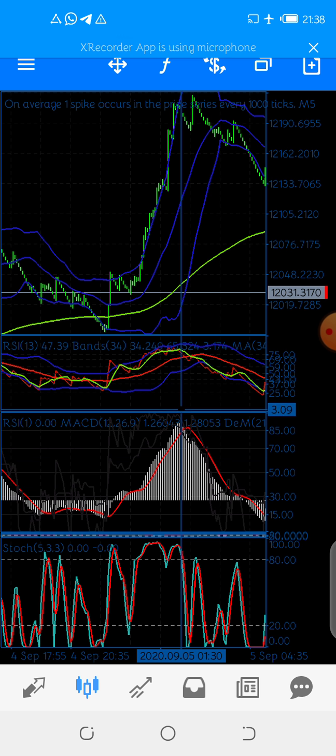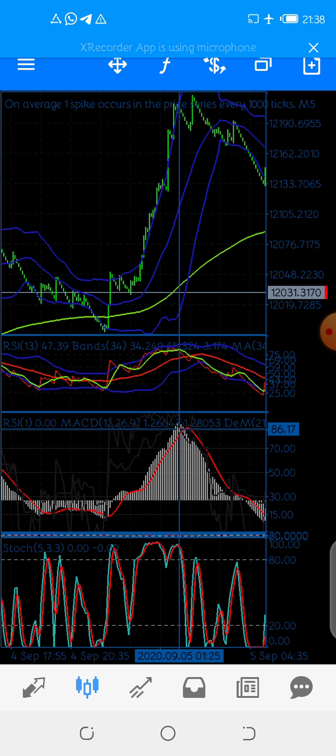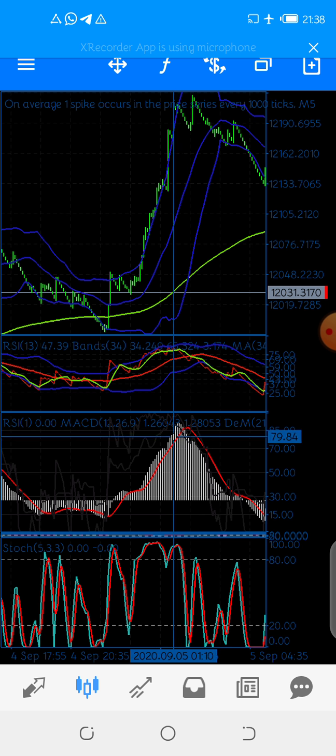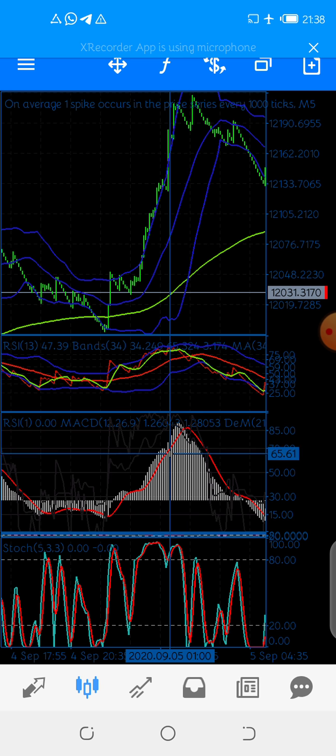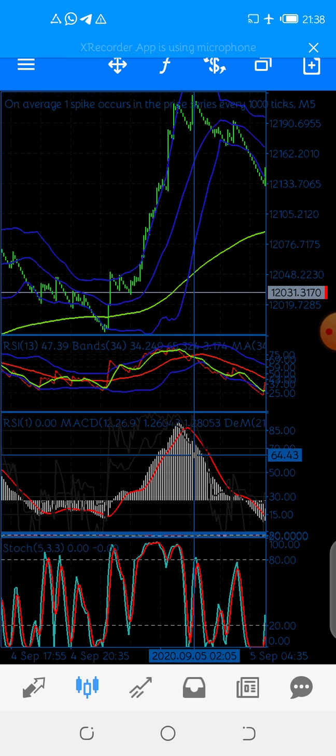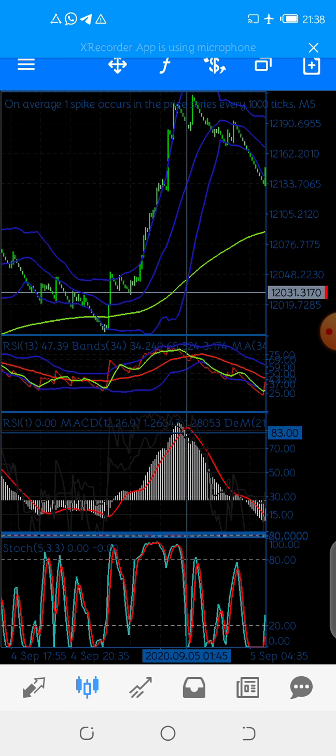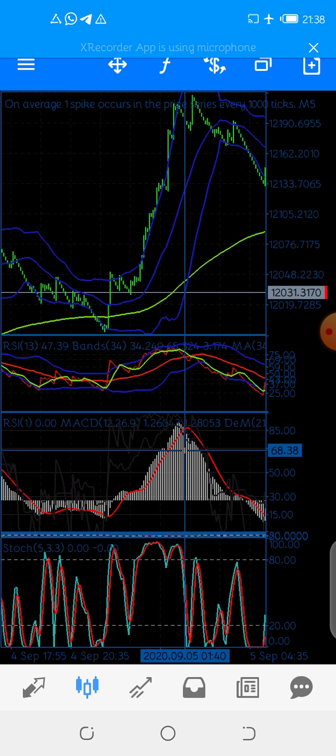After it has touched my level 90 or 10, as it's trying to come back down, I take my profit from that area. Because after that, you will no longer be getting very many pips, and the market is ready to reverse and go the other direction. So try to use the MACD to take your profit.